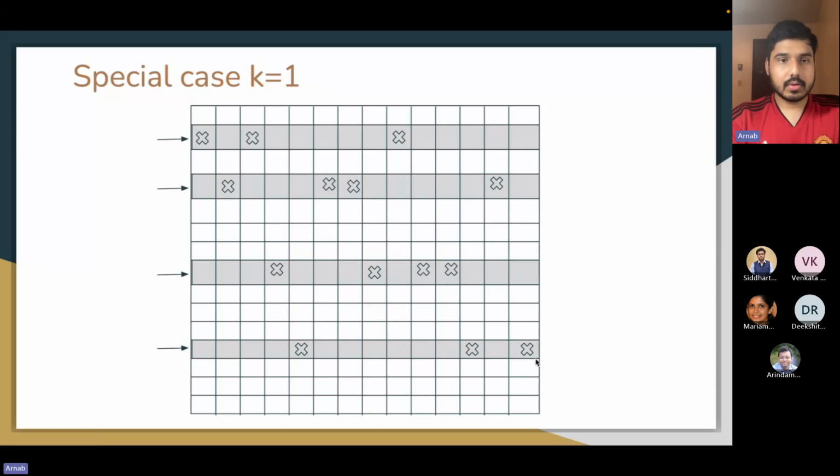In this column, among the entries that have been queried, this is the highest entry. Same is the case for this column, and so on. So in a column j, if this is the highest entry that has been queried, I'll denote it by a value Vj.